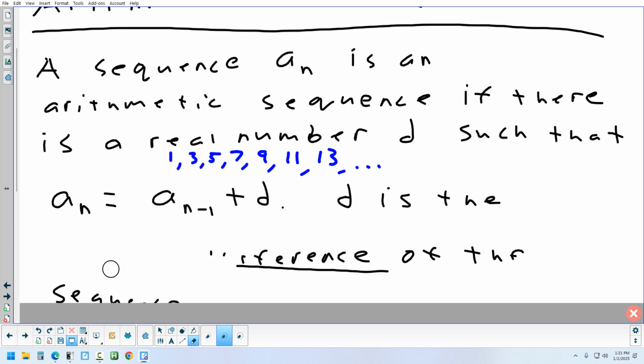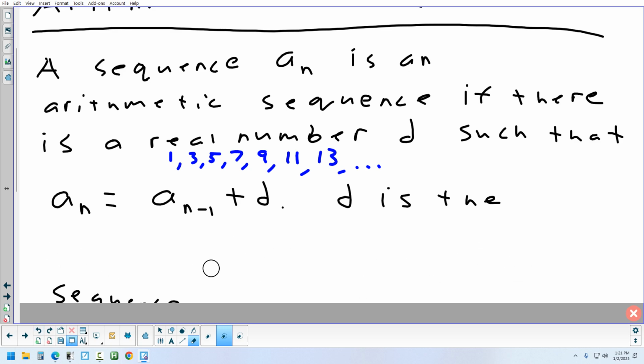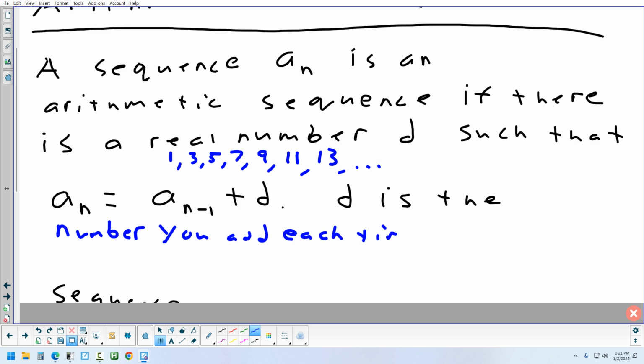So d is the number you add each time. If you are not adding a number each time, then you do not have an arithmetic sequence.